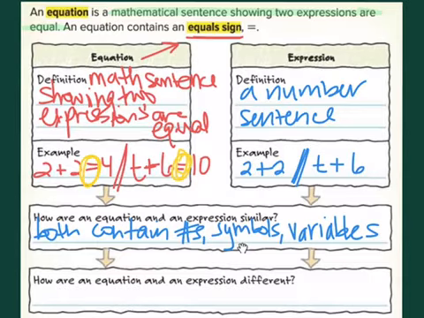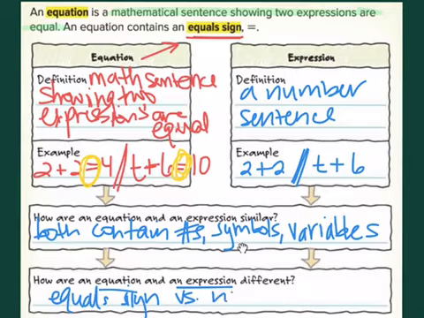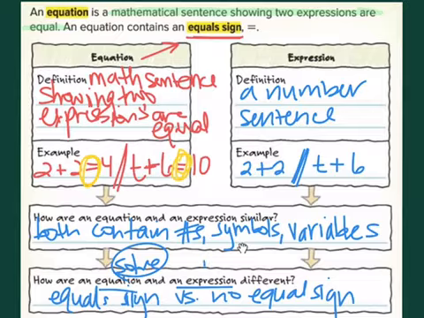How are an equation and an expression different? The main difference is the equal sign versus no equal sign. In an equation, we can actually solve the problem. In an expression, we cannot solve unless we are given the variable.